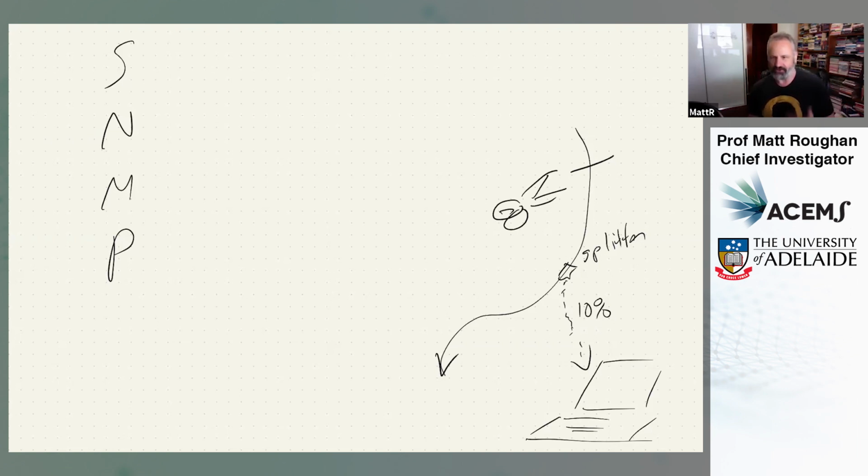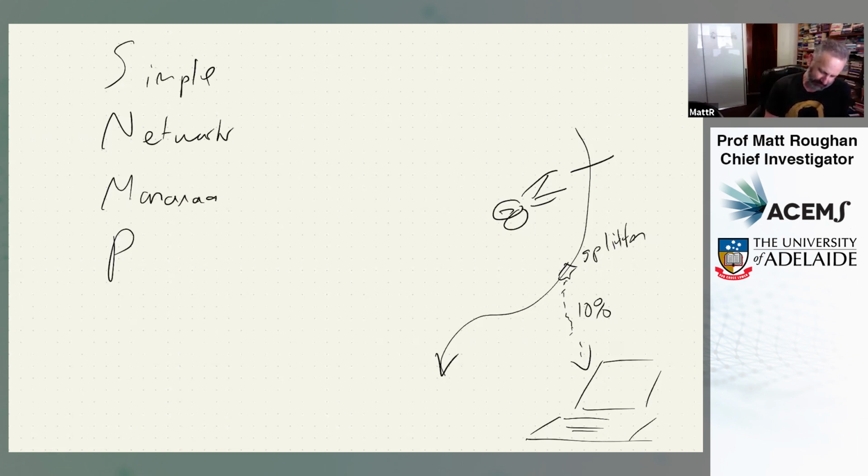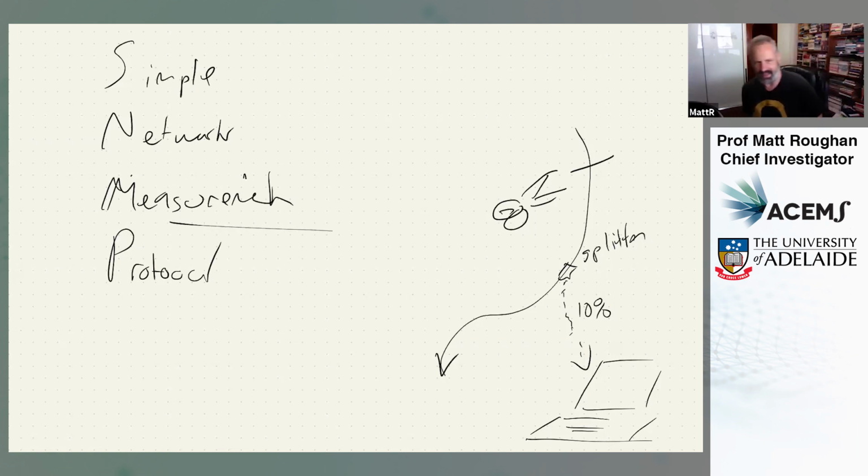How do you measure networks? Well, there's a thing called the Simple Network Management Protocol. And I would really like to just remove management and call it measurement, because it's actually probably what it gets used for more than management.